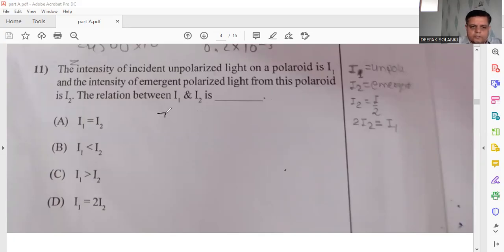Now we know that the emergent intensity is half of the incident. So I1 is equal to twice I2. So this is the answer.